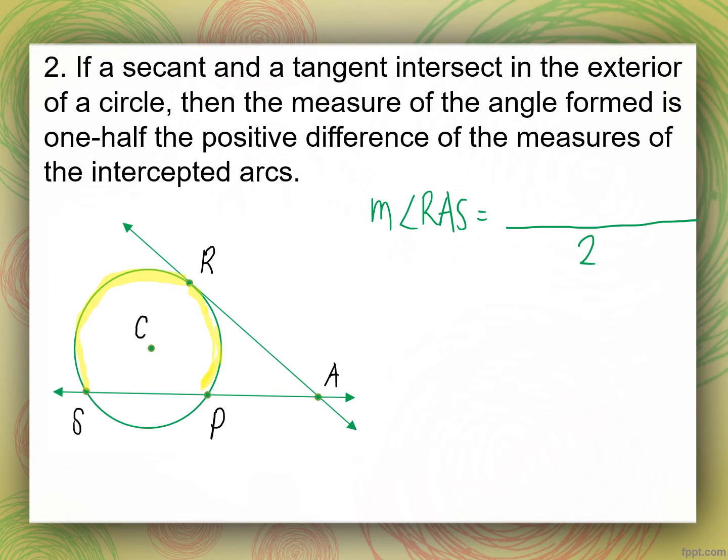Okay, so we will have the measure of arc RS minus the measure of arc RP divided by 2, and that would be the measure of our angle RAS. So let's go straight solving for a problem applying this one.